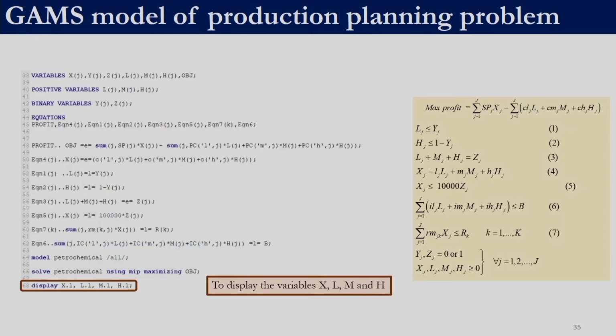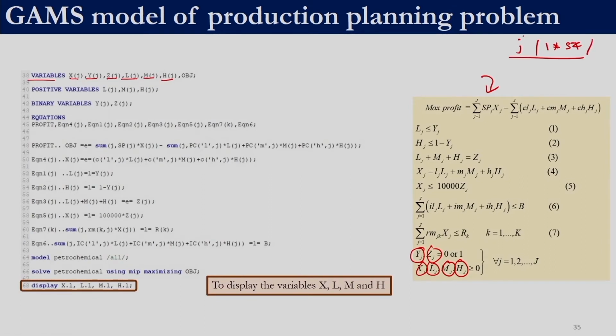Now, let us define the variables which we have. So, this is the mathematical formulation which we had developed, right. So, here if we see, we have 6 types of variable yj, zj, xj, lj, mj and hj, right. So, that is what we are defining, variables with the keyword variables x of j, y of j, z of j, l of j, m of j and h of j, right, and it runs across the set j, and we know that the set j we have defined it as 1 star 54.